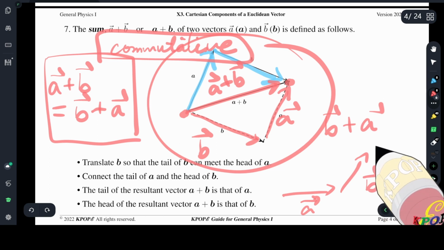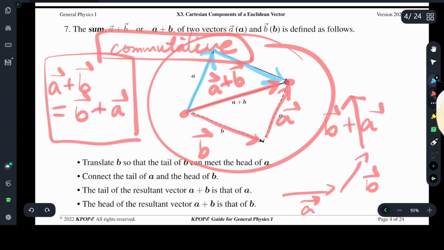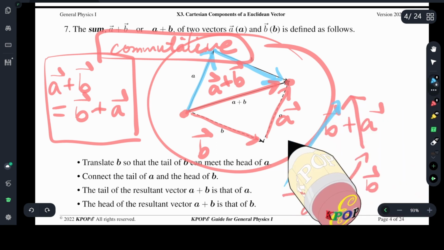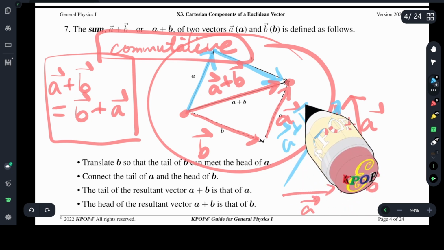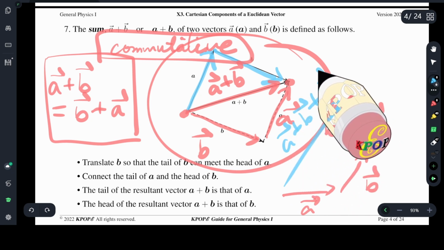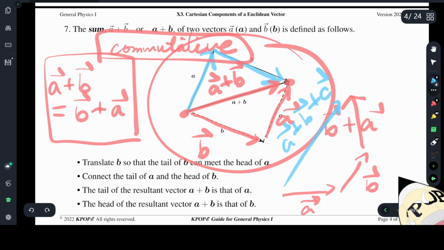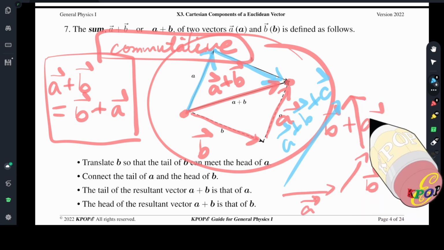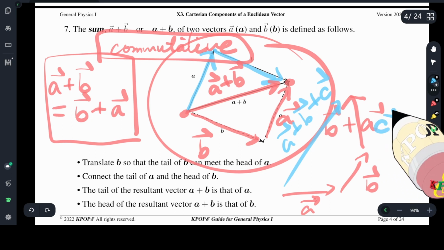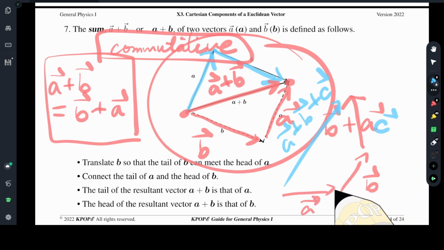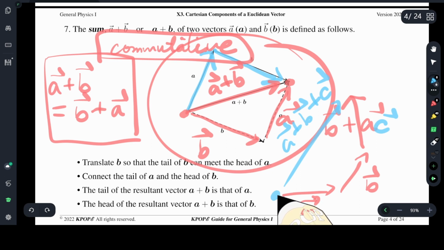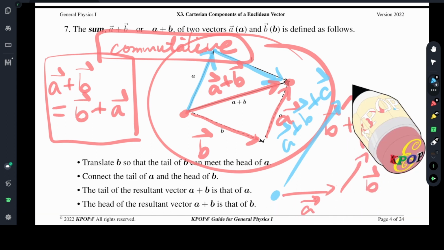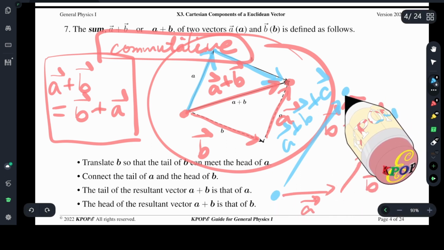So A, B, and C. If I combine three of them, I would get A plus B plus C. The sum of these three vectors can be computed directly, connecting the tail of the first one and the head of the last one.